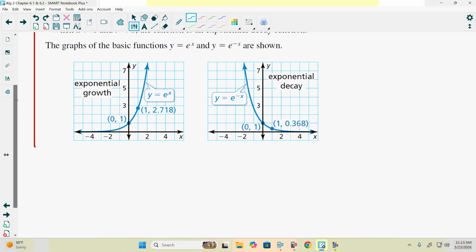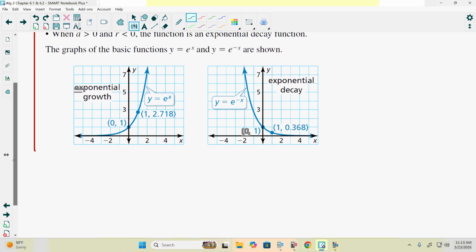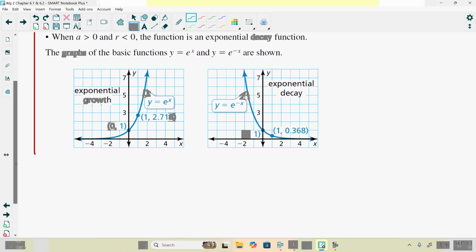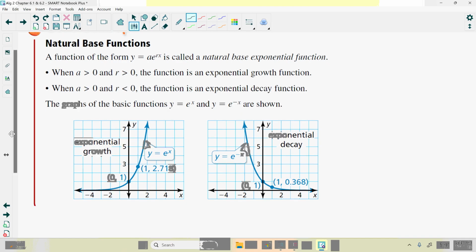So the one to the left is our growth, e to the x. The one on the right is e to the negative x. So with exponential growth and exponential decay, where e is the base, we're looking at what the exponent is, not so much e itself. Because e is defined to be an irrational number, so it's 2.7 going on. So there's nothing we can do with it.